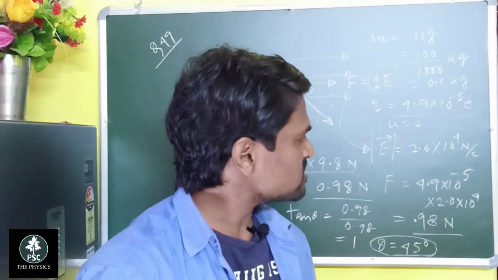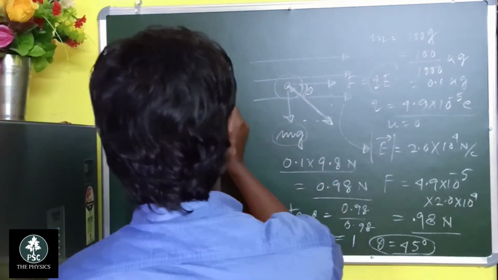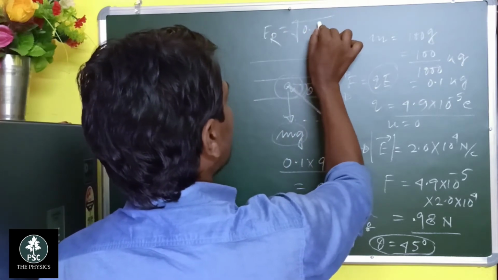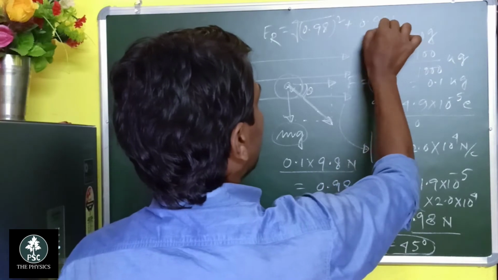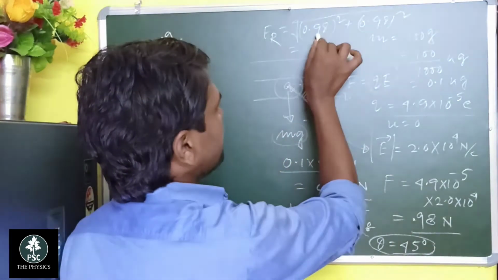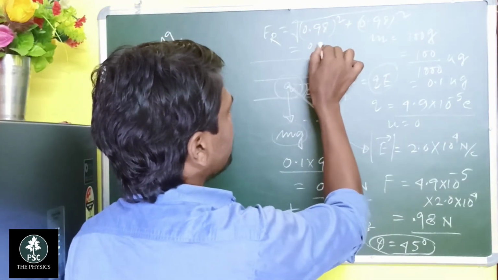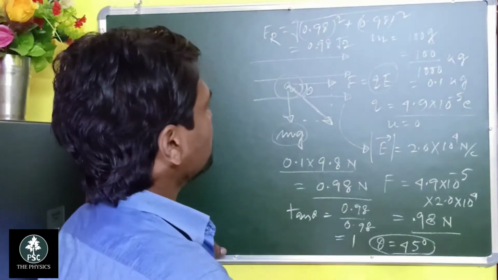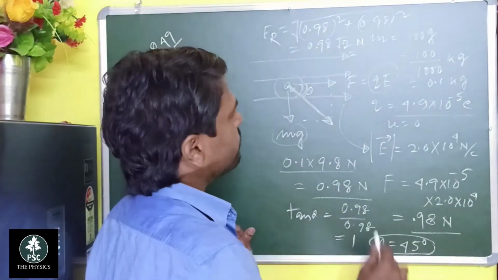Okay, so the first question is, what is the resultant force, and the magnitude of the resultant force, that is F r equal to root over of 0.98 whole square plus 0.98 whole square, and it acts along 45 degrees. So if we take the square, so 2 into 0.98 square, and this is root 2 times 0.98 Newton, and it is approximately root 2 is 1.4, so 1.38.